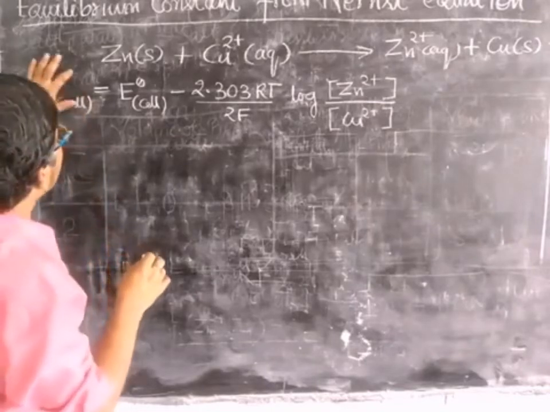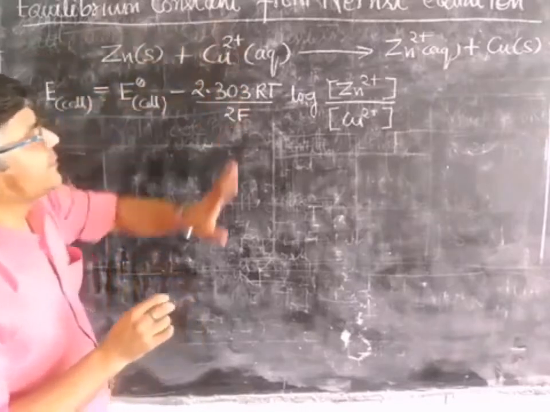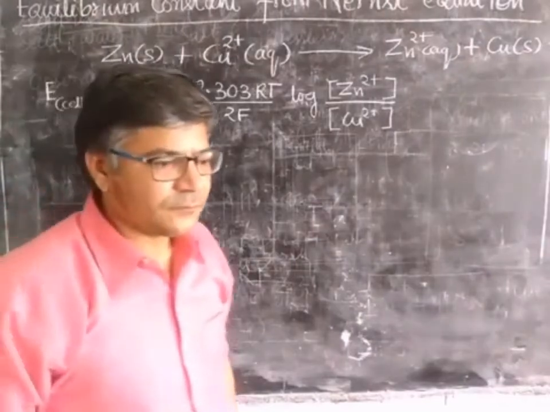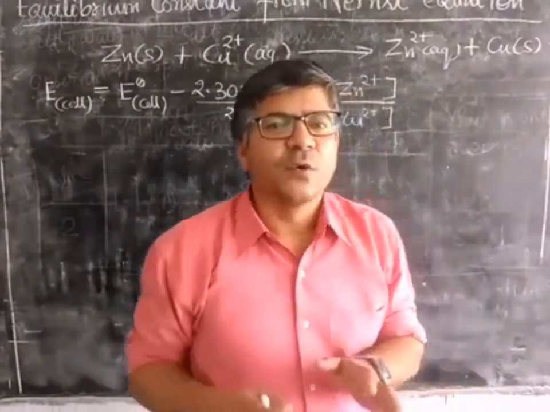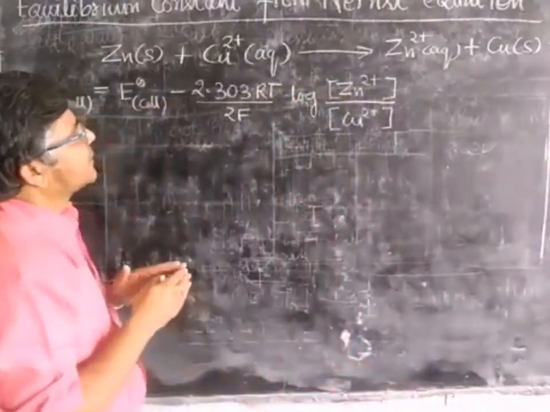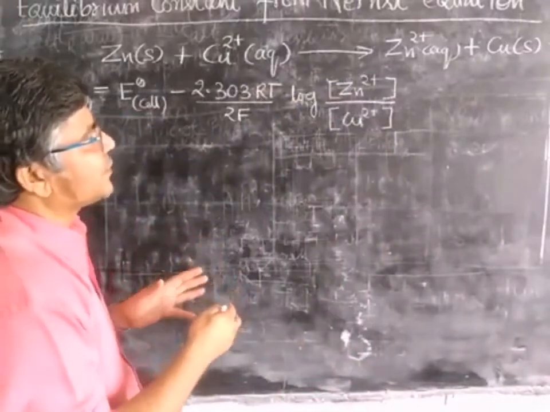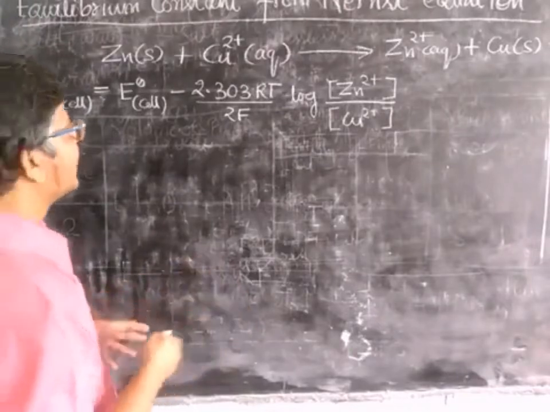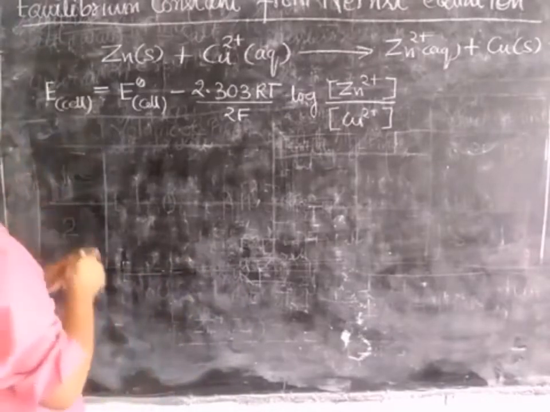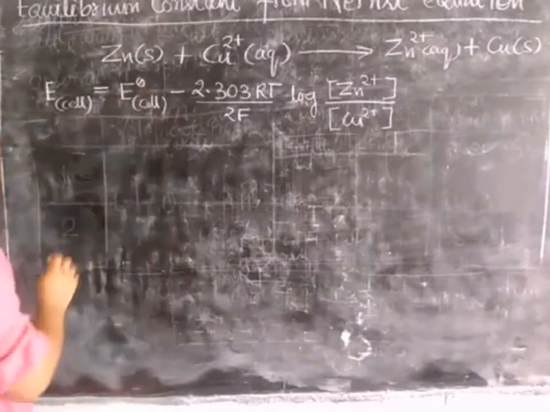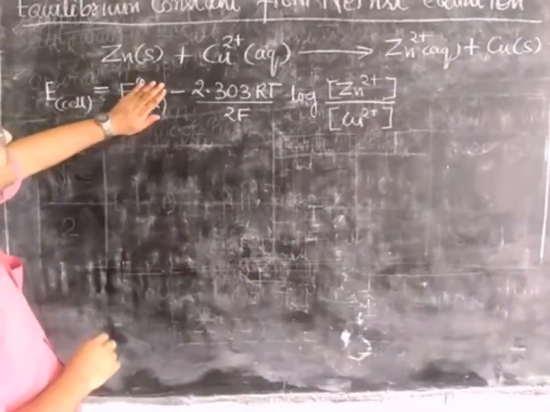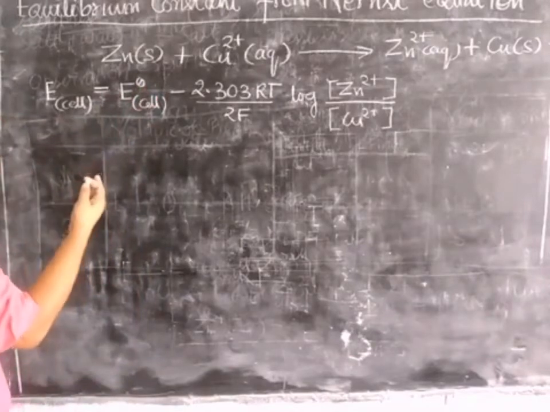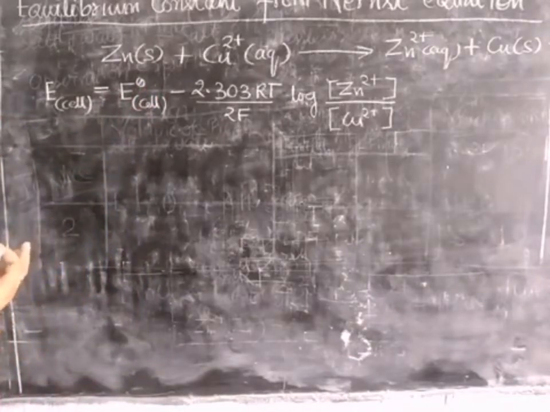We all know the value of EMF of this cell at the beginning. It is 1.1 volt. When half cells are built between copper and zinc, the potential difference of the cell is 1.1 volt. But when equilibrium is attained, this value becomes how much? 0. So the equation can be rewritten accordingly.